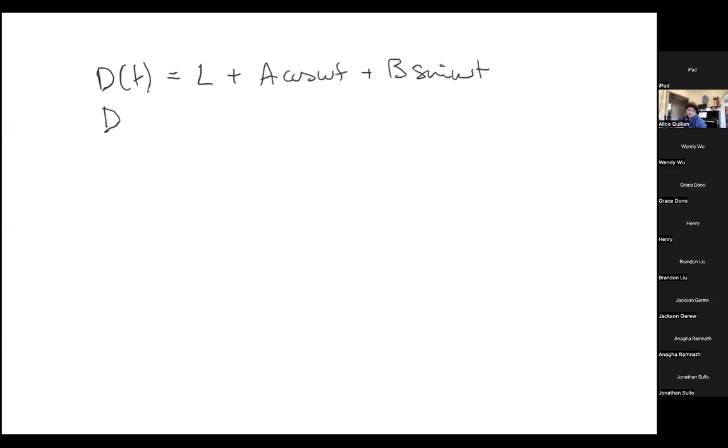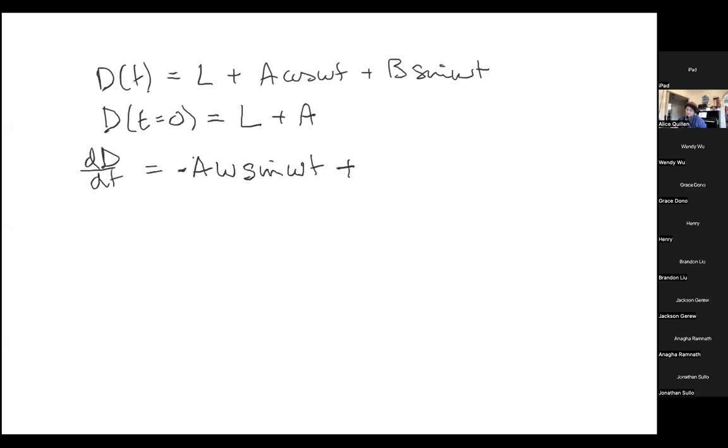So D at t equals 0 is L plus A, and dD/dt, let's take the time derivative of this. L goes away. Minus A omega sine omega t, since cosine goes to minus sine, plus B omega cosine omega t. So dD/dt at t equals 0, since the sine of 0 is 0, is equal to B omega.